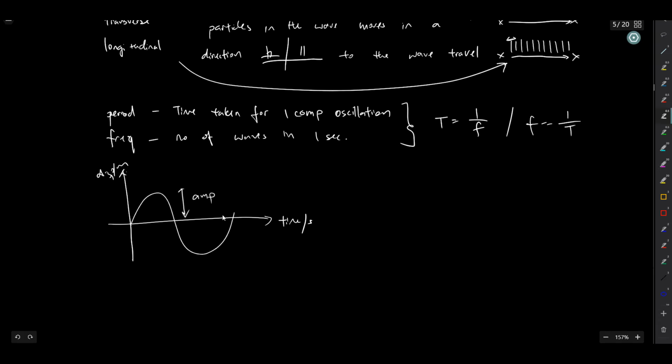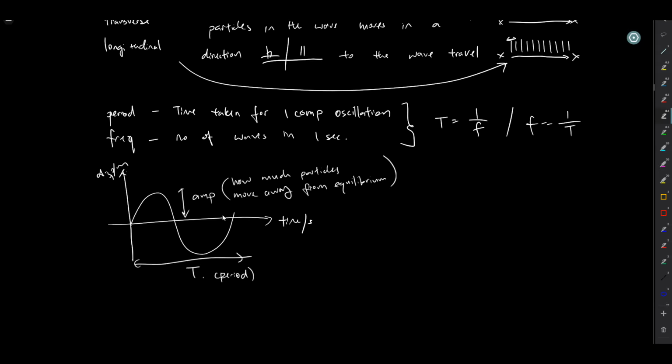Anyway, the characteristic is as such. This is the amplitude, and one complete wave gives us the big T, which is your period. The amplitude is how much they move away from equilibrium. Equilibrium means their original position.